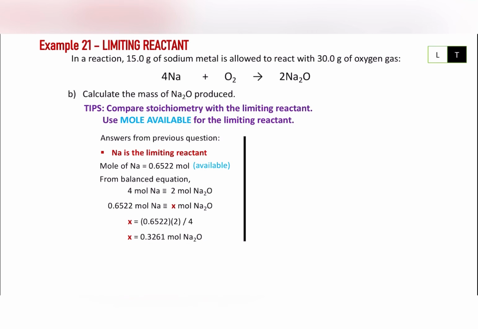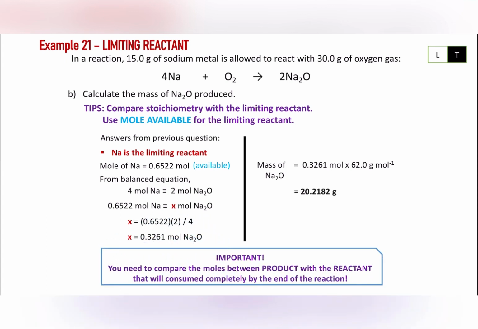But the question asks you about mass of product. So you have to calculate the final calculation mass of my product. So the final answer will be 20.2182 gram. So I hope you can understand the relationship between moles of product with the limiting reactant, because it is consumed completely by the end of the reaction.